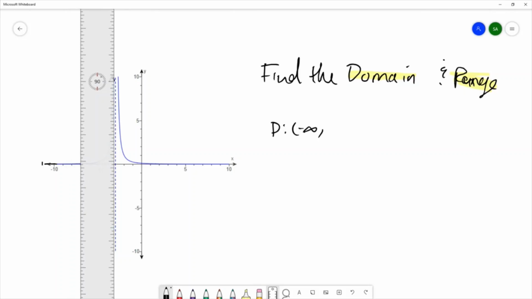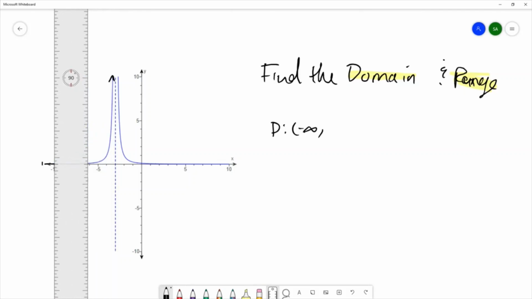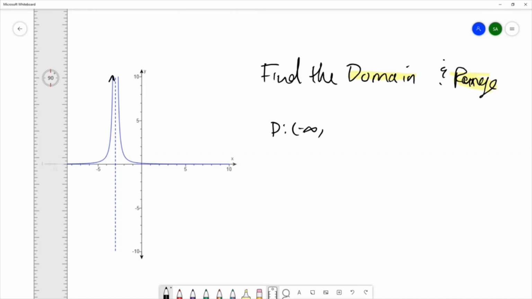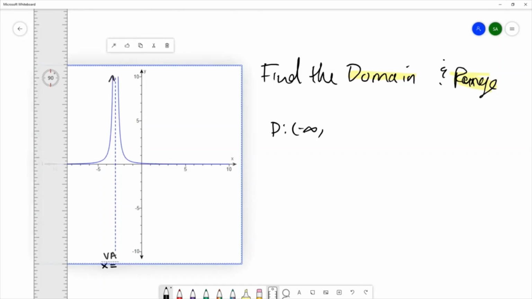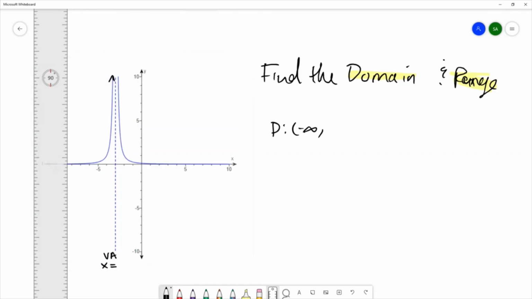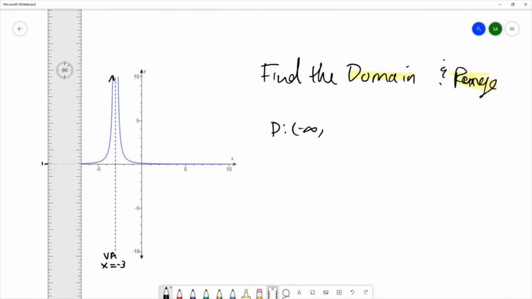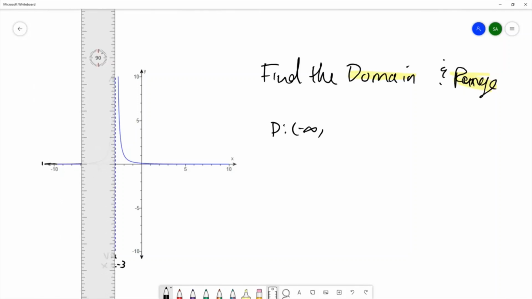So once we get to this dashed line here, that vertical dashed line is an indication of a vertical asymptote. So it looks like this example has a vertical asymptote at x equals -3. So the vertical asymptote is an undefined spot on the graph, so the domain will stop at -3.